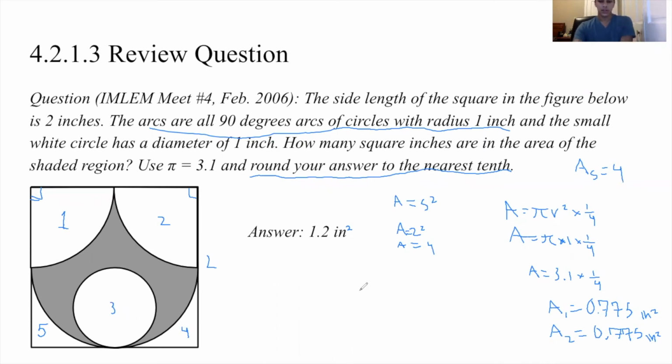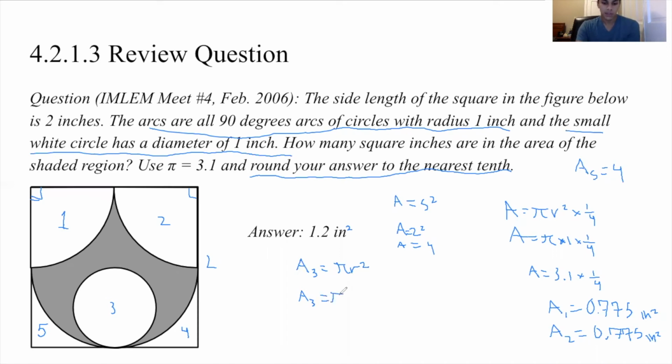area of. So we're going to go to unshaded region 3 next. So that's going to be the area of a circle, right? Because we just have a circle here, and it says the small white circle has a diameter of 1 inch. So our area is going to be pi r squared, because that's the area of a circle. And since it has a diameter of 1 inch, then the radius of the circle is going to be 1/2 an inch, because the radius is always half of the diameter.